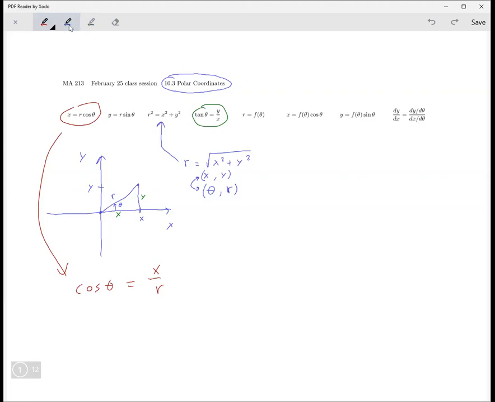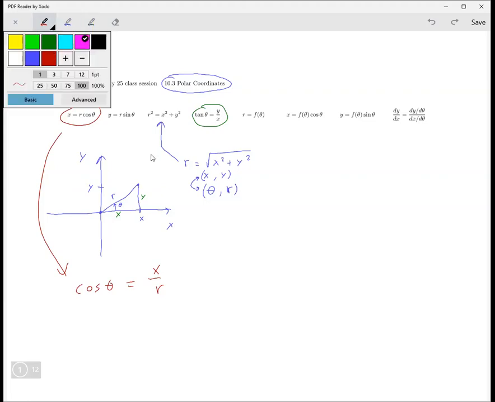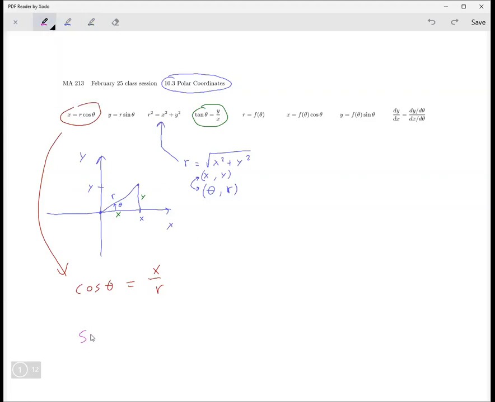And if you took the sine of this angle, it would be y over r. So that would give you y equals r sine theta. These are the basic formulas to convert between polar and Cartesian coordinates.